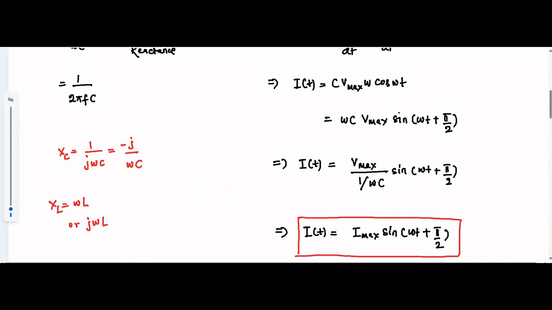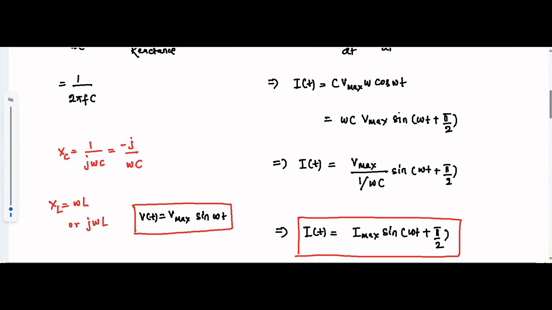So if we compare it with the voltage expression where V(t) is equal to Vmax sine omega t, then here current leads voltage by pi by 2 radian or 90 degree.